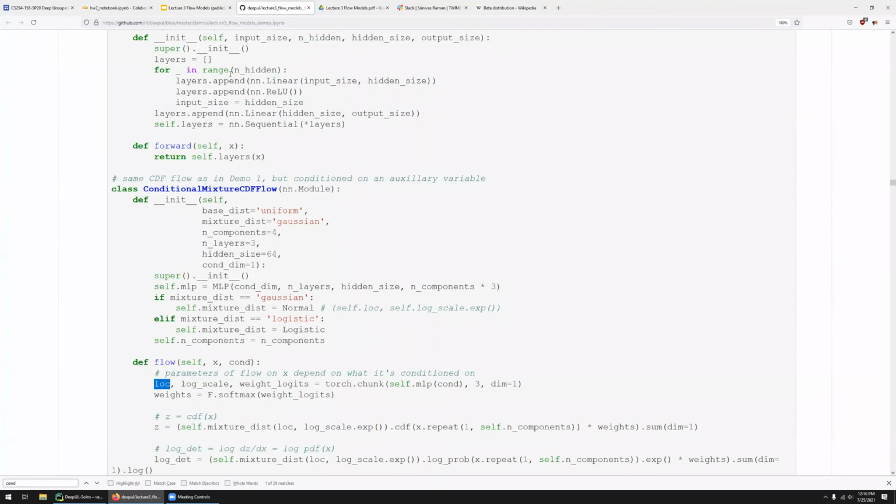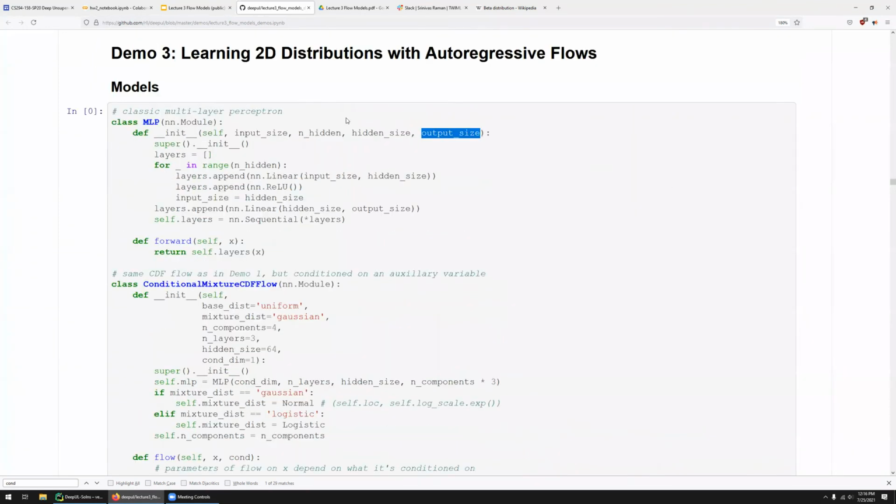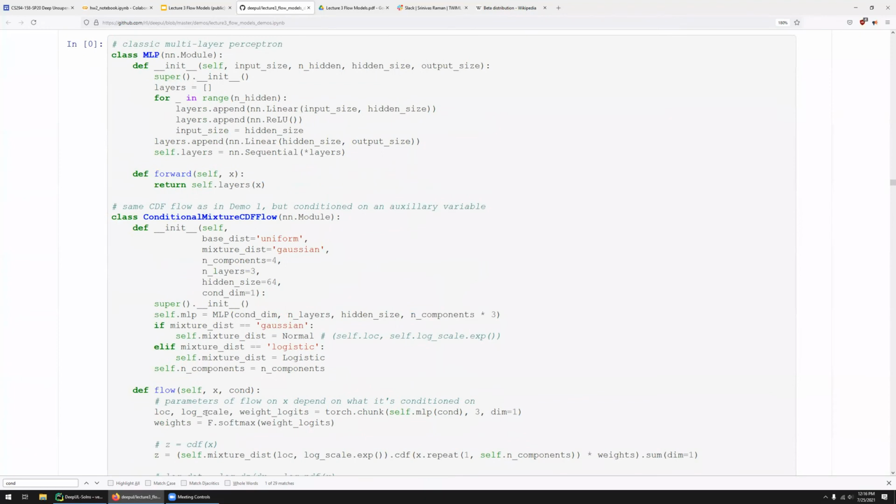So I think you have to look at the output size of the MLP. And the chunk should get 3. So it's n components times 3: the number of Gaussians times your mean, log standard deviation, and then the weight. And n components is the number of Gaussians.